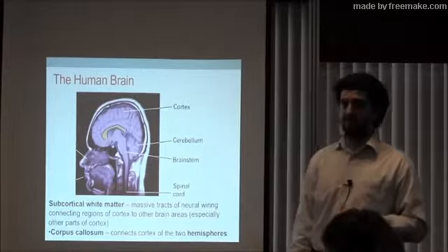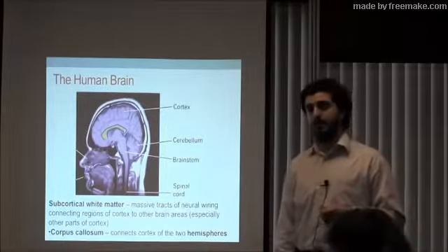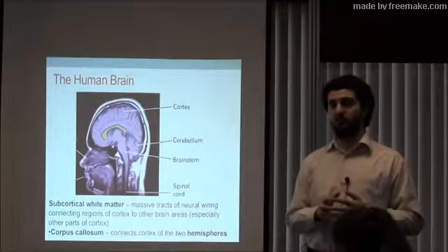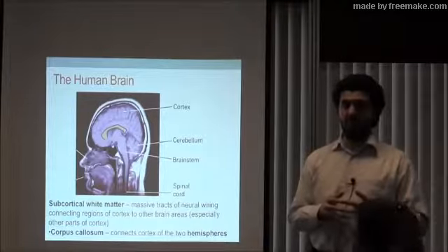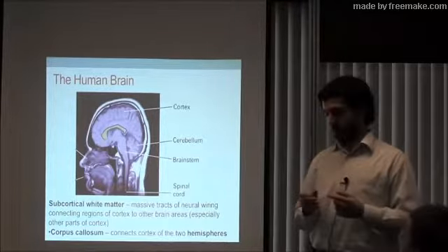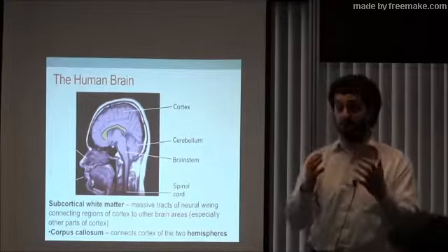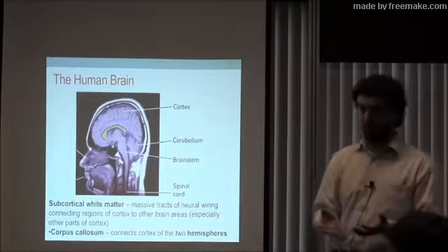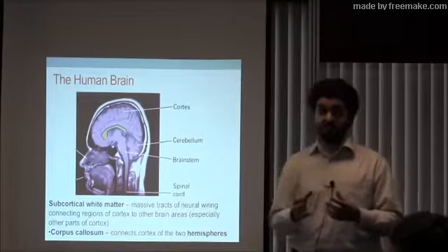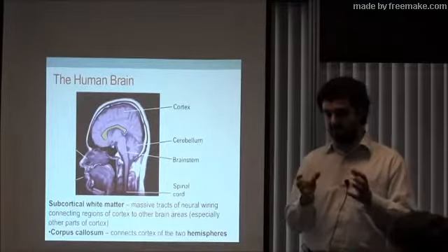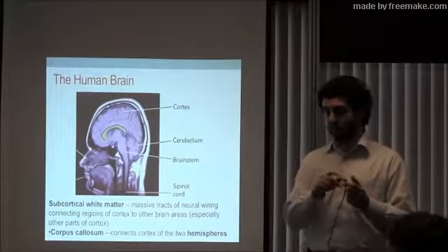Last but not least is a number of cells, of neurons, of fibers that form a passageway between the two hemispheres of the brain. So in almost all vertebrates there are two hemispheres that are very similar in structure and are connected to each other.